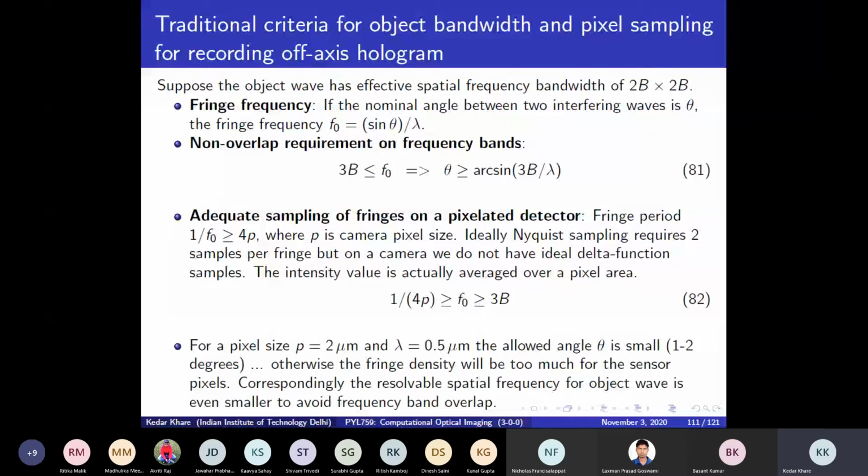So traditionally in display holography on film, you can work with much larger angles, people easily work with angle theta of the order of 30 to 40 degrees. But with digital holography, you cannot increase that angle because the fringe density will become too much for the sampling purpose. Okay.